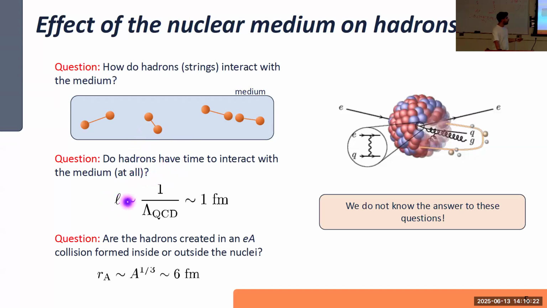It is going to be around 6 Fermi for heavy ions. Can hadrons, which have a characteristic length of around 1 Fermi, have time to form inside or outside the nucleus? That's one of the questions.